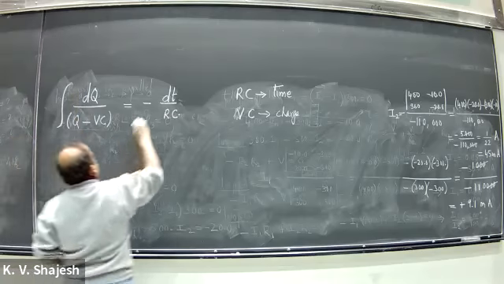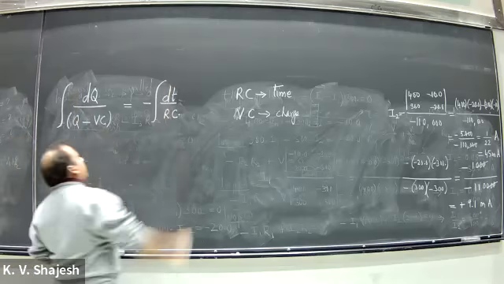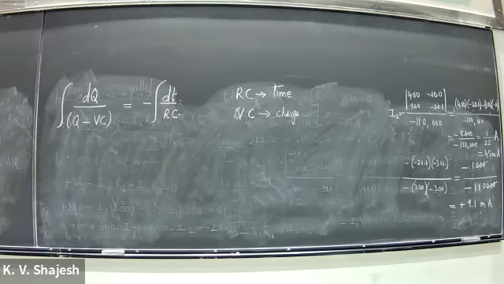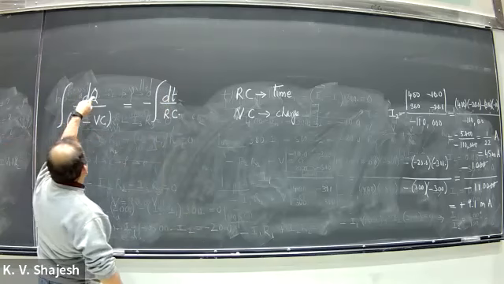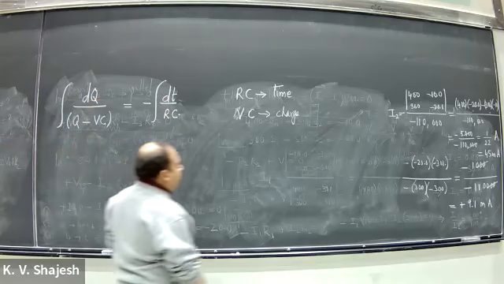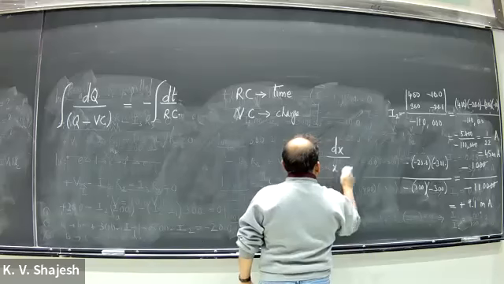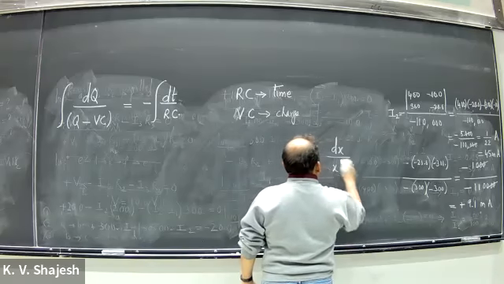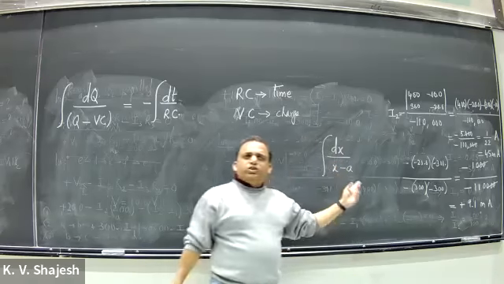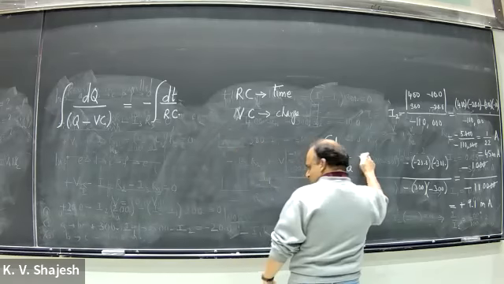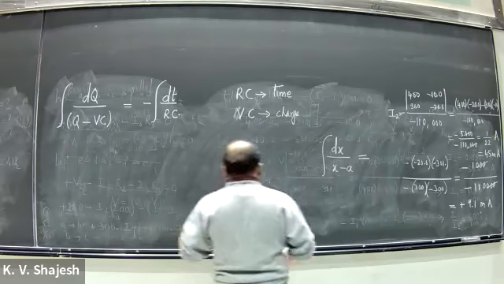Integrate on both sides. It is happening in a certain amount of time, so integrating slowly, it is going to collect the charge. This is an integral of the form dx over x minus, let's say, a. What's that integral equal to? Good, natural log.